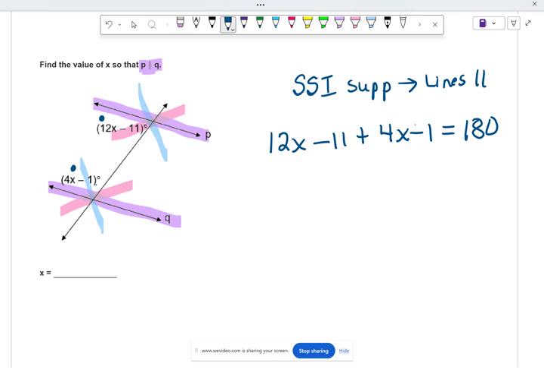All right, I'm going to take just a minute to go solve this. And our answer is x equals 12. It said find the value of x. X equals 12.